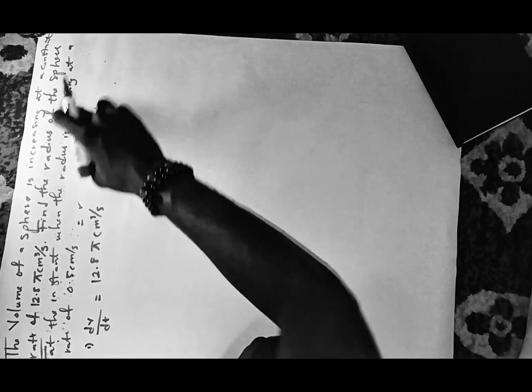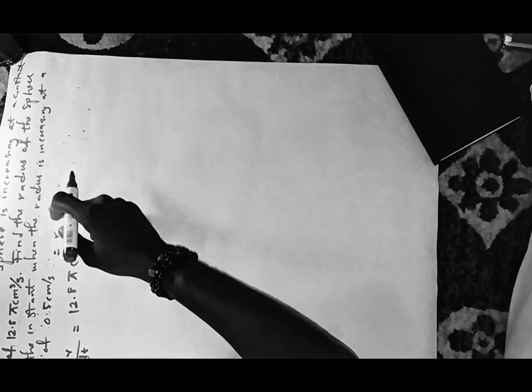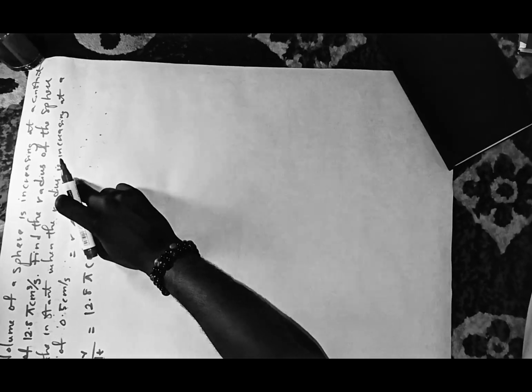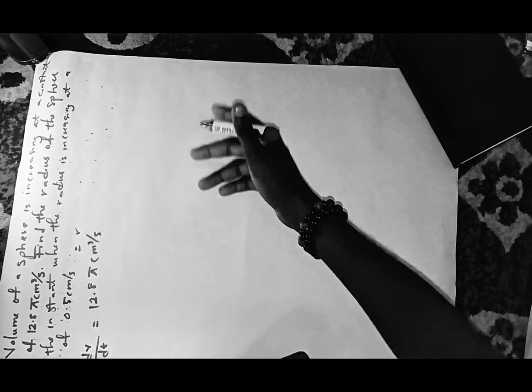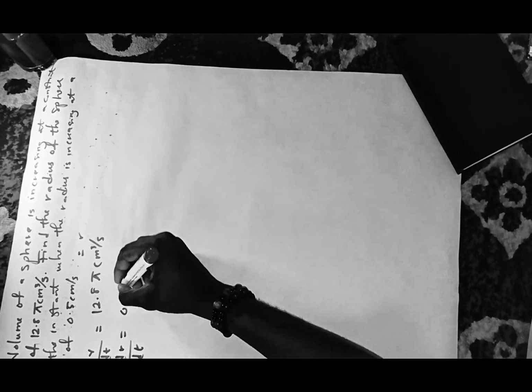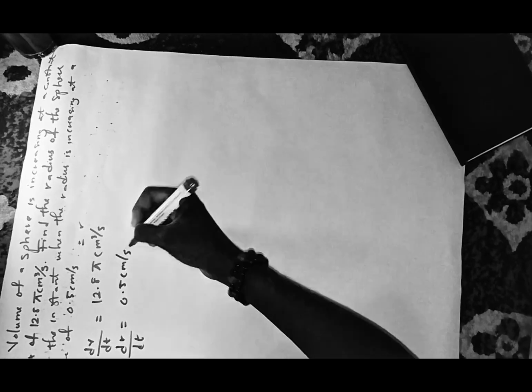Next, the radius is increasing at a rate of 0.5 centimeter per second. That means this is our dr/dt, the change in radius with respect to change in time. So the second info is dr/dt is equal to 0.5 centimeter per second.